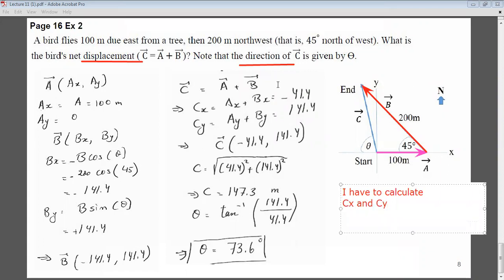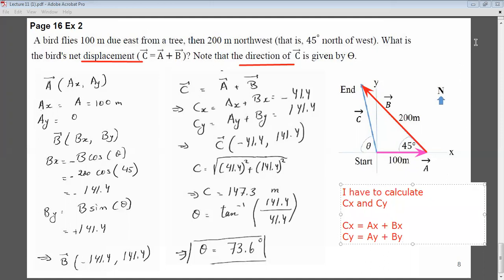How to calculate them? Cx is equal to Ax plus Bx, and Cy is equal to Ay plus By. We took this yesterday. So I have to calculate Ax, Ay, Bx, By.